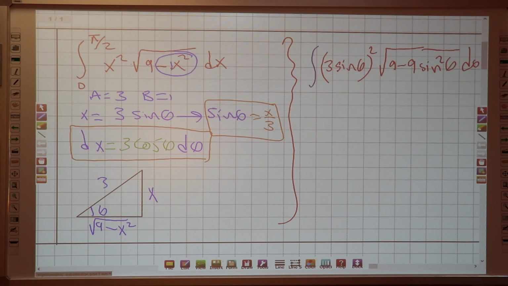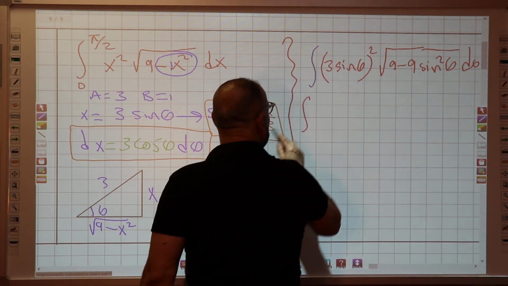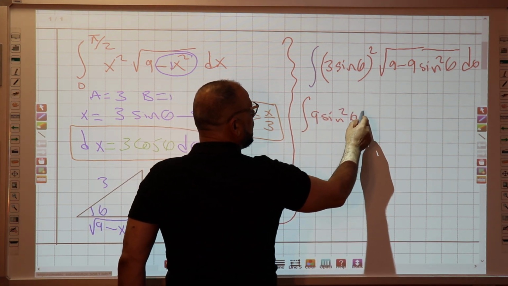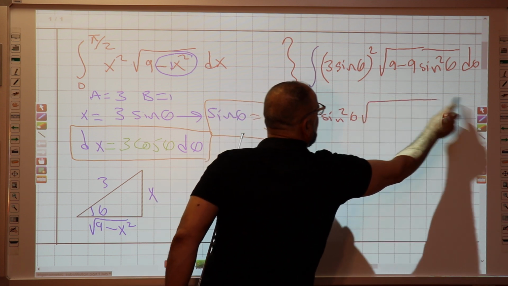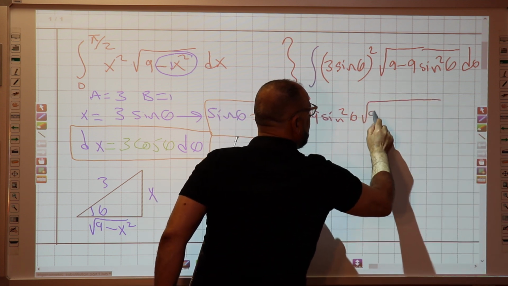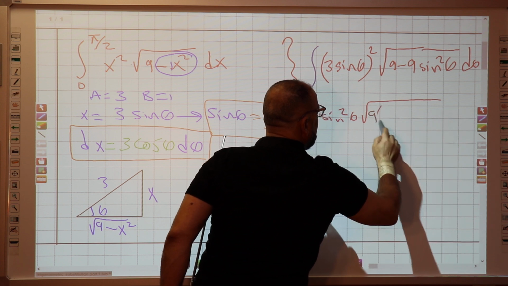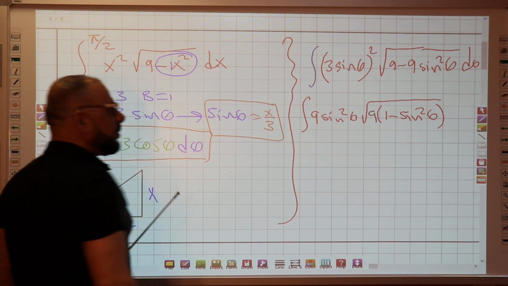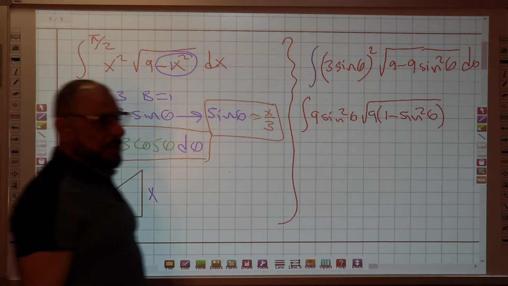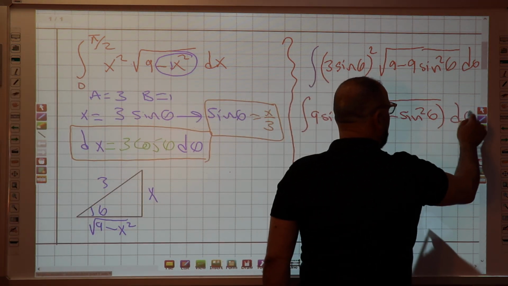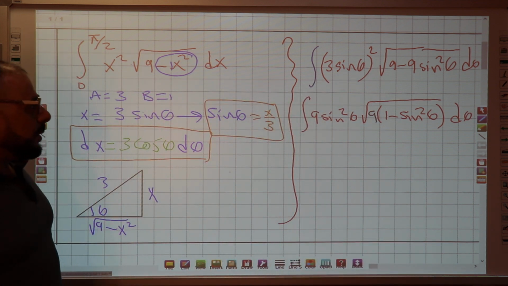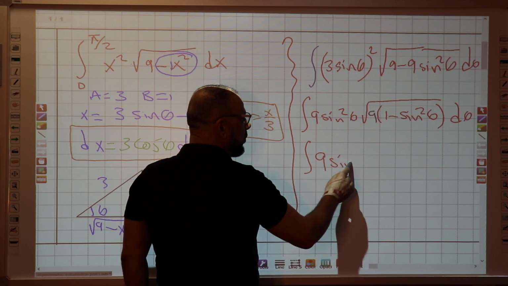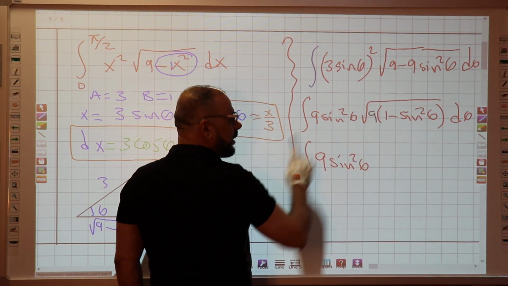Now the integration of 9 sine square theta d theta. You can take the 9 out: 9 times the square root of 1 minus sine square theta, which is cosine square theta.